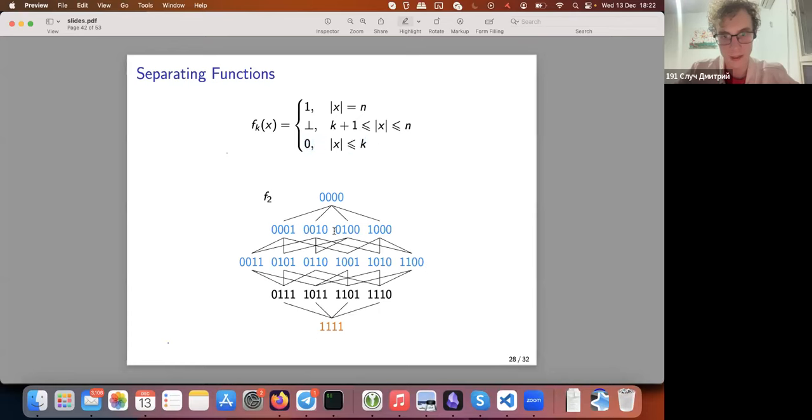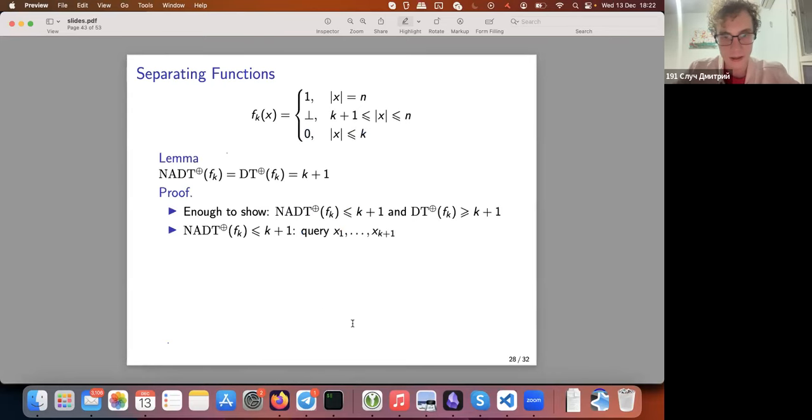Here the blue strings are zeros, the orange one is 1. For such a function, non-adaptive parity complexity is equal to ordinary parity decision tree complexity and is equal to k plus 1.